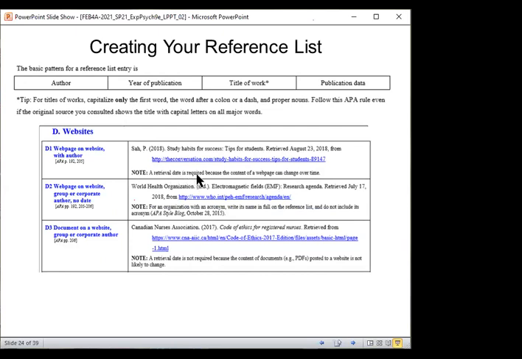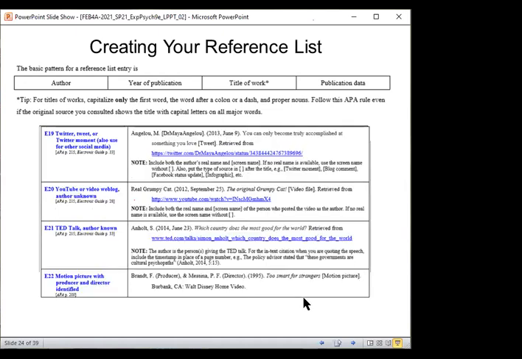A retrieval date is required because the content of a web page can change over time. So that just says that you retrieved this information at that time. So it may have changed. The web page people may have changed some things, okay? All right, let's go to the next.